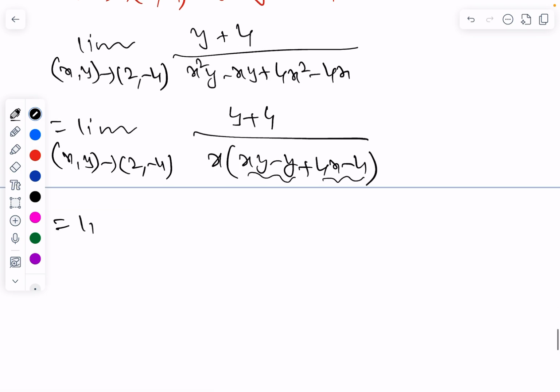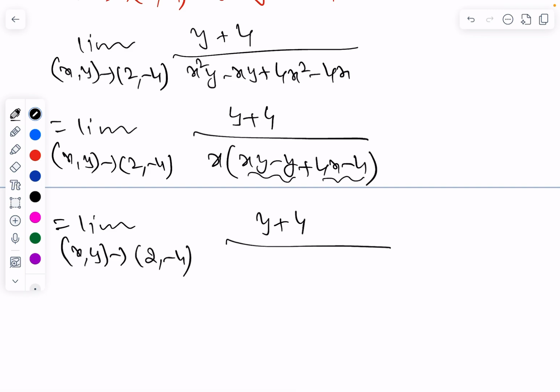And here we factorize. Limit xy tends to 2, minus 4, y plus 4, x. We take y outside, we get x minus 1. 4 outside, we get x minus 1.